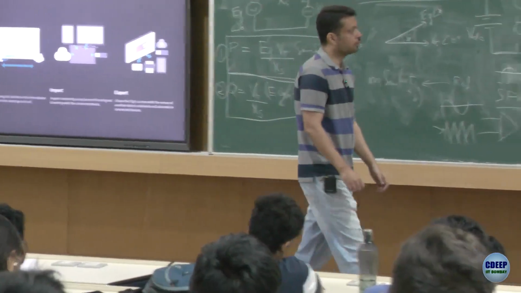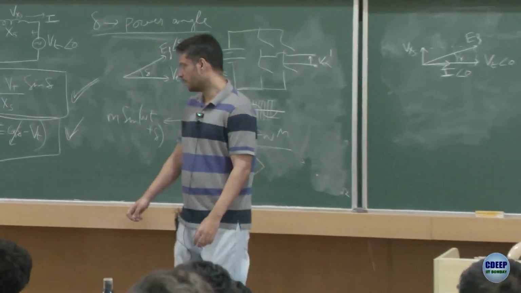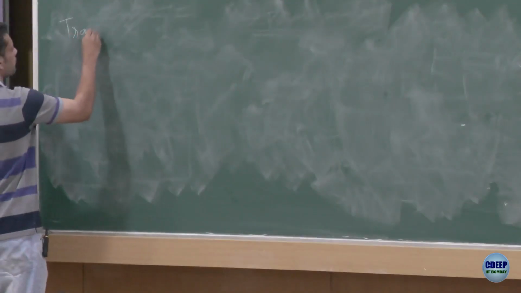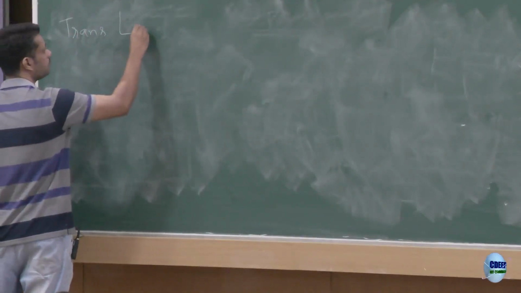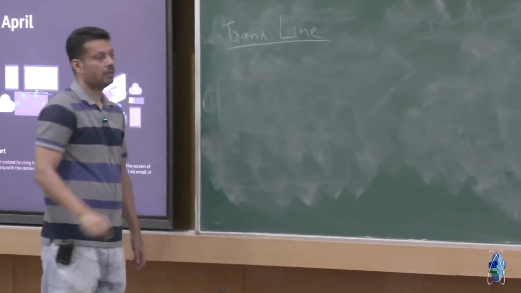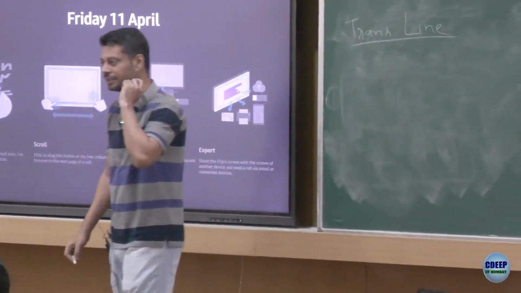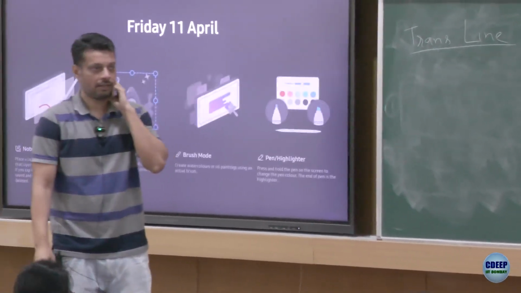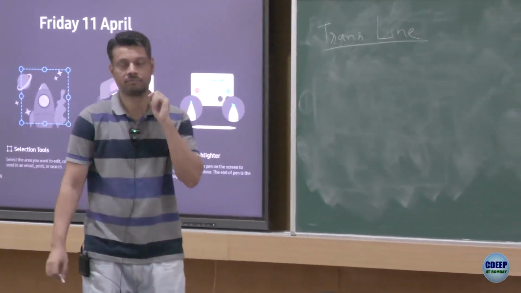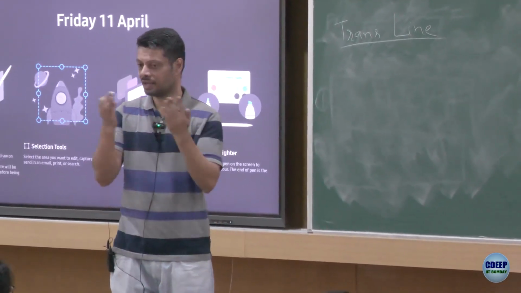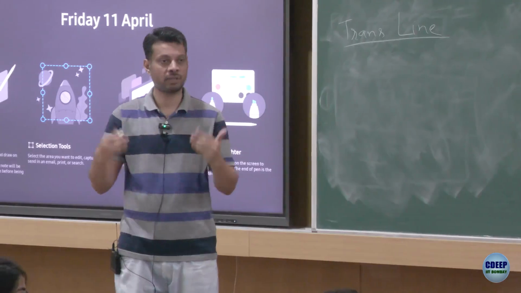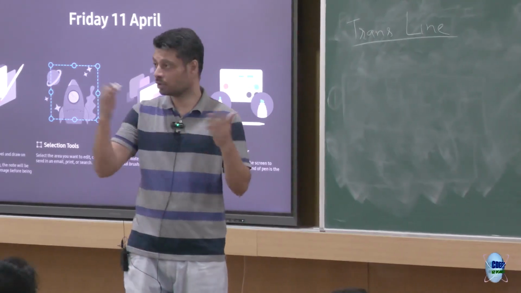Okay, now let's go to the question of reactive power. Let's just see a little bit about the transmission lines. You have seen how the power is being distributed over longer distances.